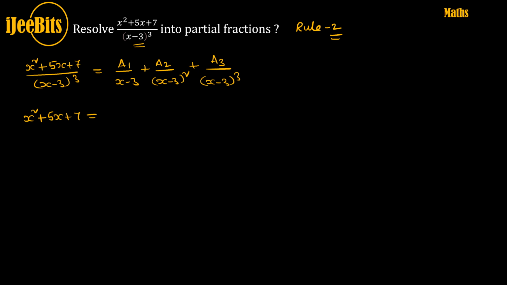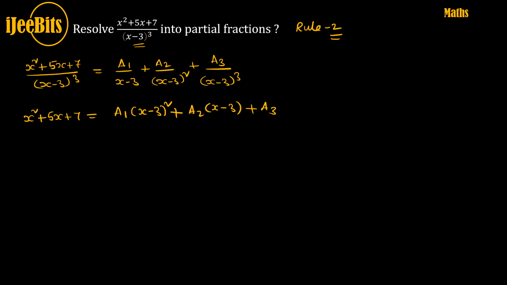And hence a1 x minus 3 whole square, because we multiplied numerator and denominator by x minus 3 whole square, then the denominator would be x minus 3 whole cube. So a1 x minus 3 whole square plus a2 into x minus 3, and then a3 you don't require. This is how you will get it.